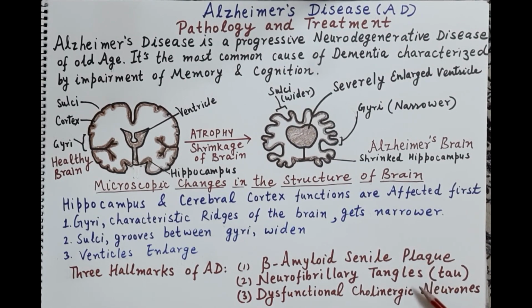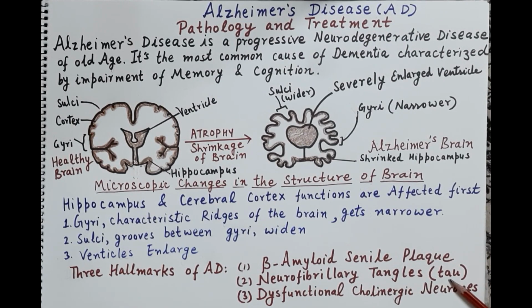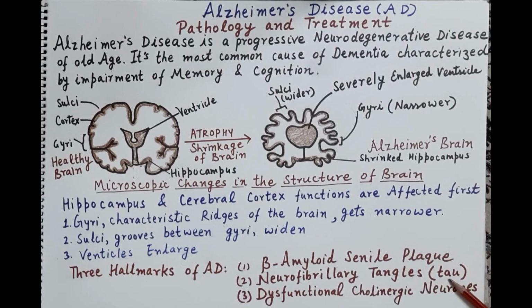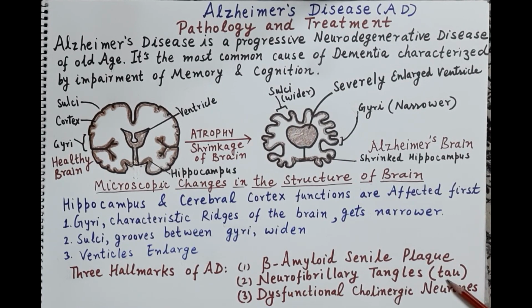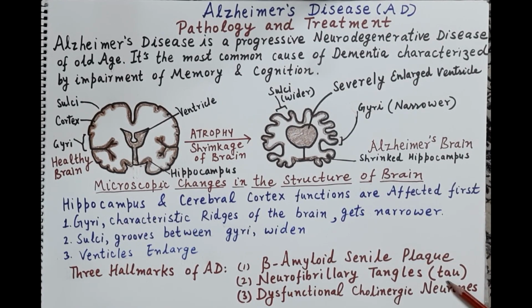Apart from this, the second hallmark of Alzheimer's disease is the tau protein. In Alzheimer's disease, there is excessive phosphorylation of tau protein. Now, this tau protein is responsible for stabilizing the microtubules within the nerve cells. Phosphorylation of tau protein results in the detachment of tau proteins from the microtubules.